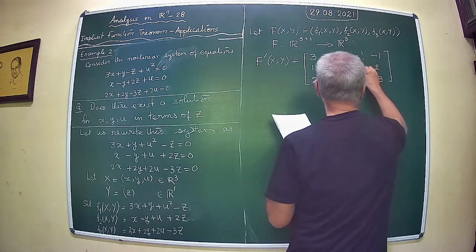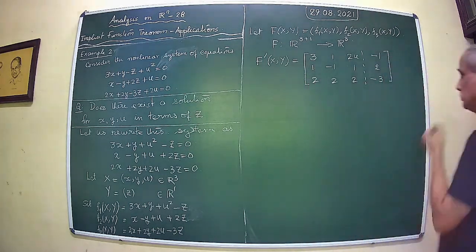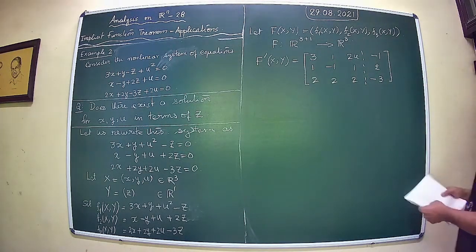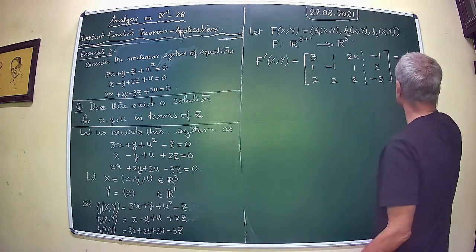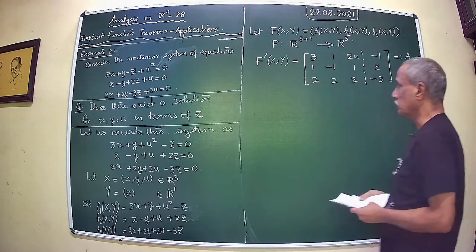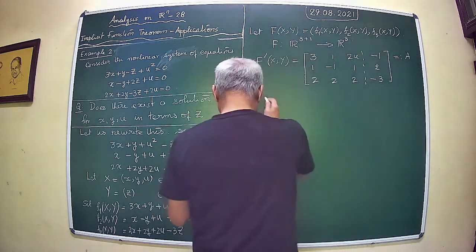Again I just put a bar. Let me just designate this by u. Then you have got Ax.